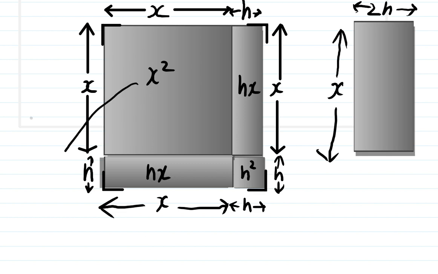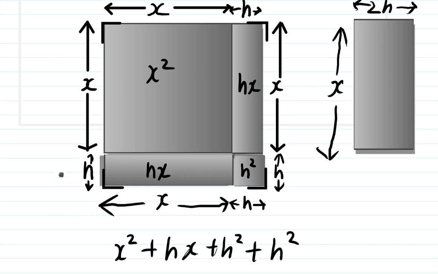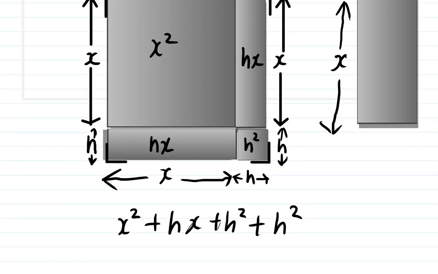We have this, which is x squared. So this area is x squared plus hx plus hx plus h squared. So here, x squared plus 2hx plus h squared.